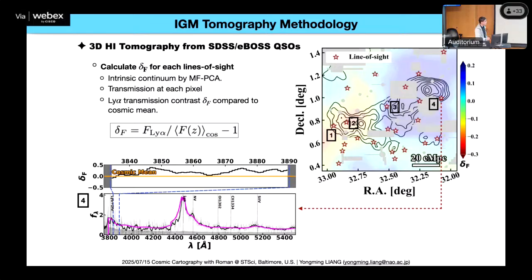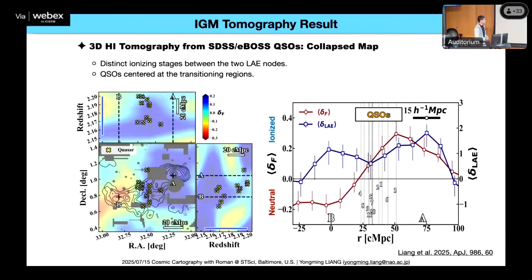This is for one single line of sight, and when you have multiple lines of sight, of course, you can do the smoothing to reconstruct a three-dimensional distribution. But because these are quasars, the spatial distribution is relatively coarse, so the smoothing scale is around 10 to 20 megaparsec. And this is the result.